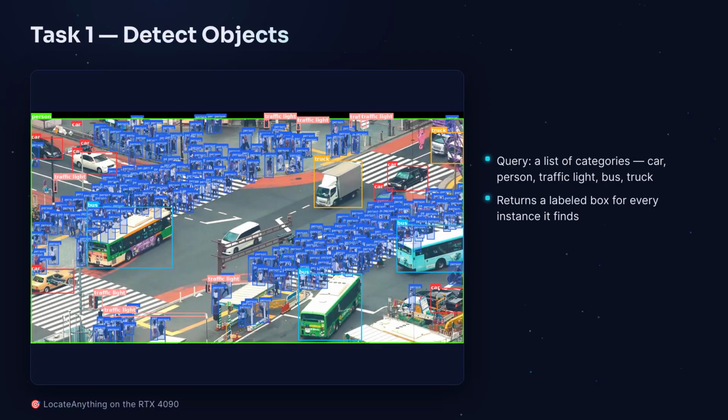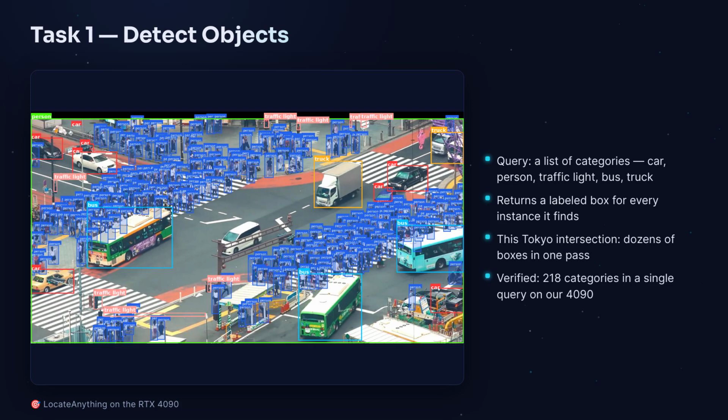This is our actual output on a busy Tokyo intersection, generated on the 4090. Dozens of people, vehicles, and signals, each one boxed and labeled in a single pass. And the category list scales. We verified 218 categories in one query on this very machine, and the model echoed back an answer for every single one.